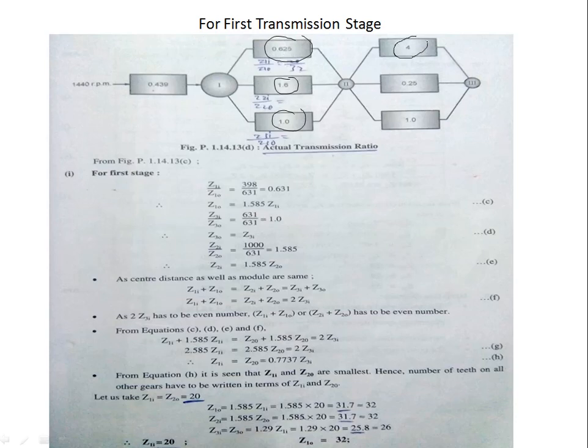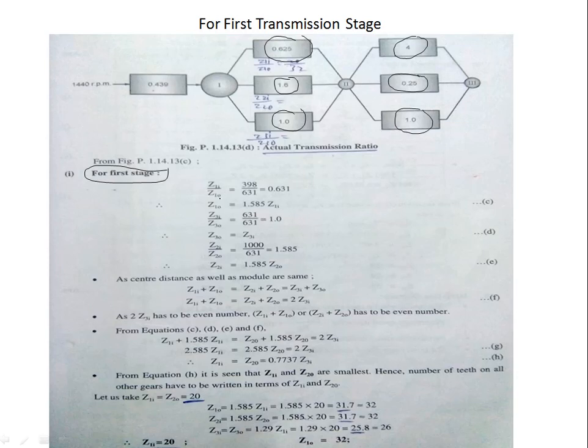Likewise for the second stage, 4, 0.25 and 1. So 1 means the speed is the same, 0.25 means the speed is reduced, and 4 means the speed is increasing. According to that, we try to calculate the number of teeth required for this particular transmission stage.